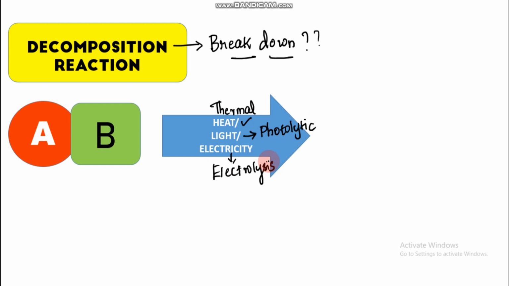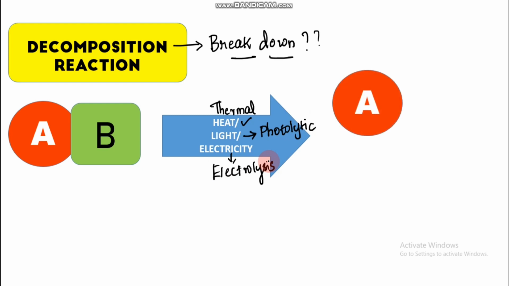Okay, in the presence of any one particular form of energy, we are going to break it down. We are not going to use all three at the same time, any one. It can be thermal decomposition, or it can be photolysis, or it can be electrolysis.